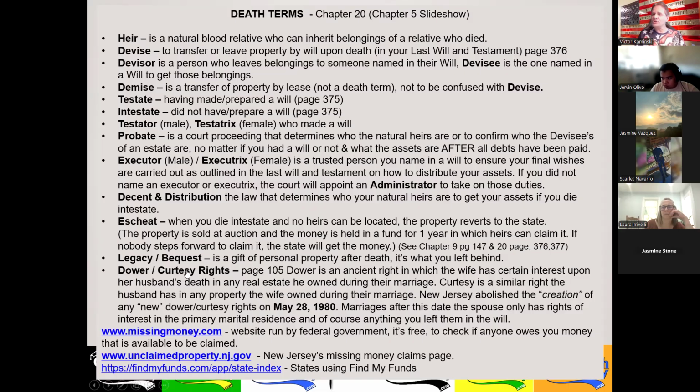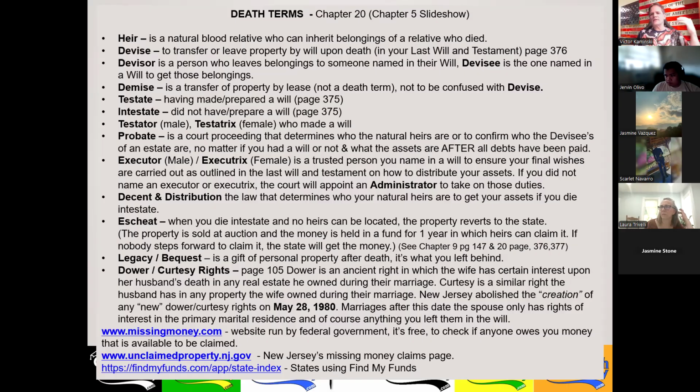Dower and courtesy are gendered terms. Once again, dower begins with a doe, and a doe is a deer, a female deer. I know it's spelled differently, but I'm trying to get you a way to remember this because you need to remember which one is the wife's right, which one is the husband's right.